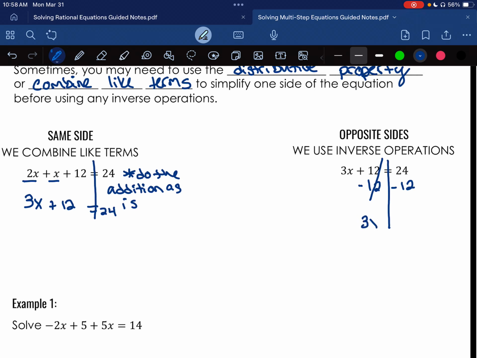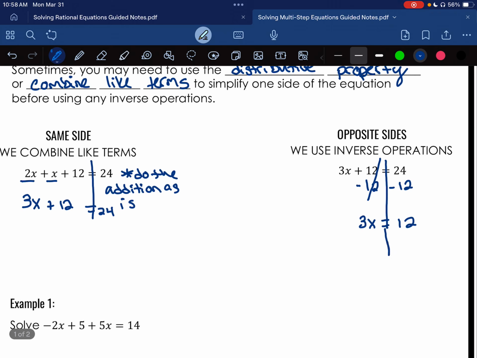Now the 3x is equal to 12. And then if I wanted to keep going to solve this equation here, I divide both sides by 3, and I would end up with x is equal to 4.